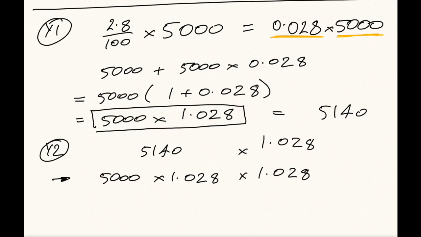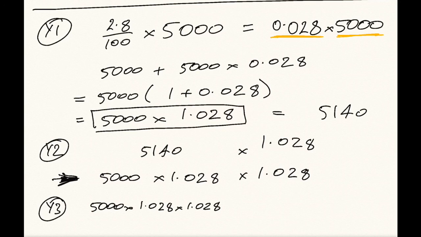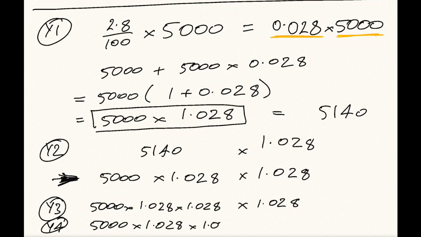And similarly, if we go into year 3, we'll take this amount here, 5,000 times 1.028 times 1.028, and we'll be multiplying it again by another 1.028. At the end of year 4, all that again, and the fourth year's interest.